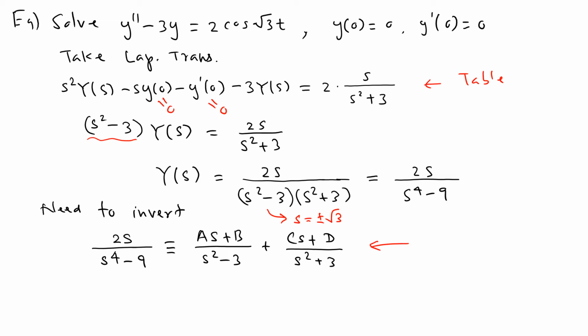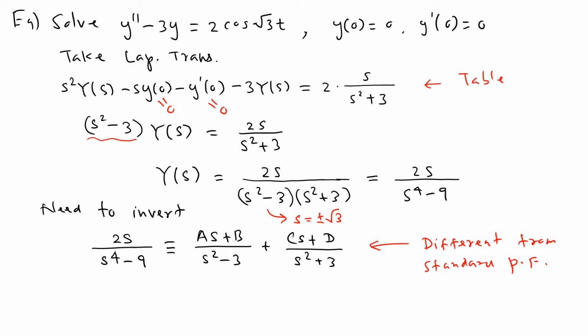The reason is we already know the form of the inverse Laplace transform of those two. So this is a different situation from the regular, standard partial fractions. So please remember how we did it.